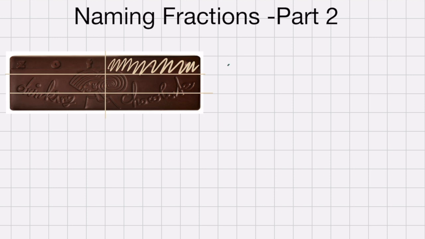So I write 1/6. And to put it in fraction notation, I'm going to write a number 1. I'm going to put a line across, and on the bottom I'm going to put a 6.